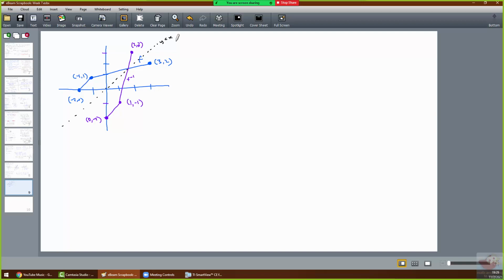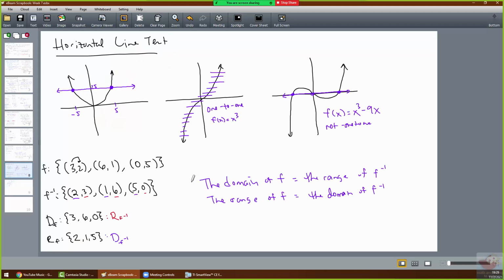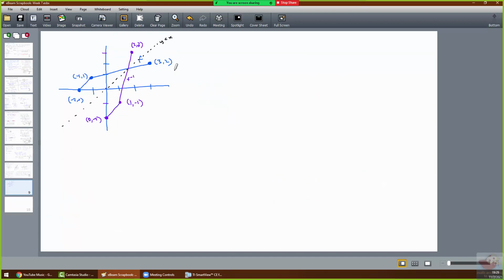That's comment one. Comment two, even in graphical form, the statement about the domain and range has to hold up. So notice the blue graph from left to right goes from -2 to +3, and from top to bottom goes from 0 to 2.